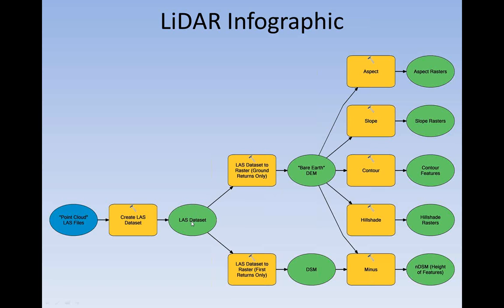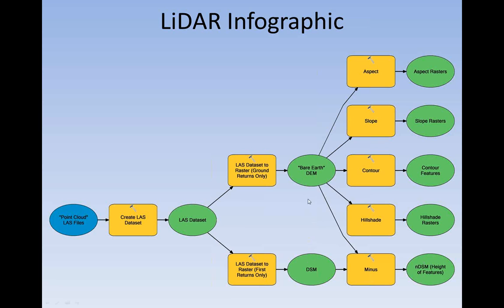From this LAS dataset, you can extract just those points which hit the ground so that you can get that skin of the earth, the bare earth digital elevation model. Or you can ask it to give you just those points which were the first returns. They bounced off the first thing they hit, and that gives you the surface model.